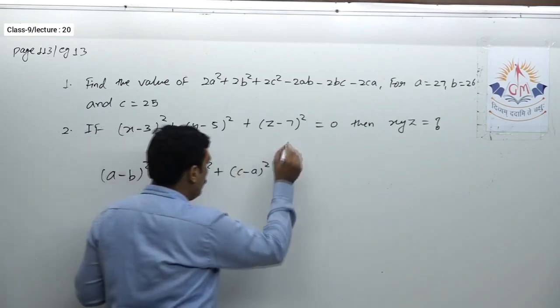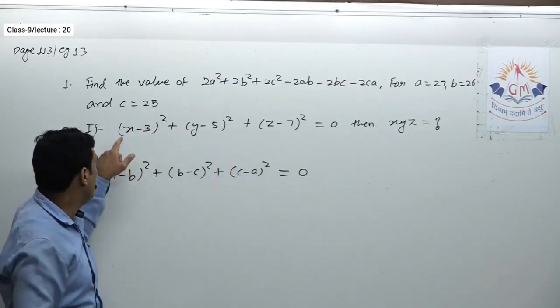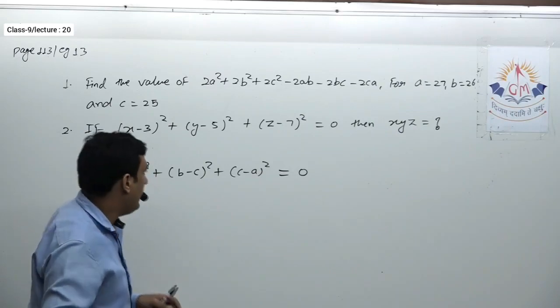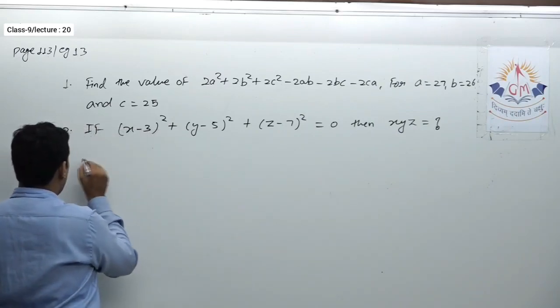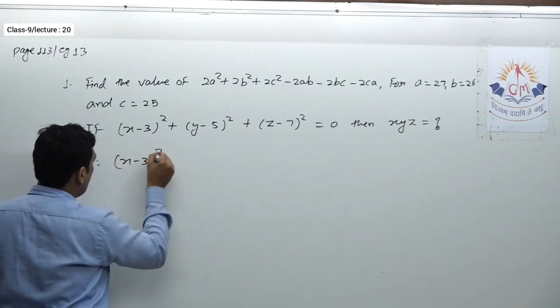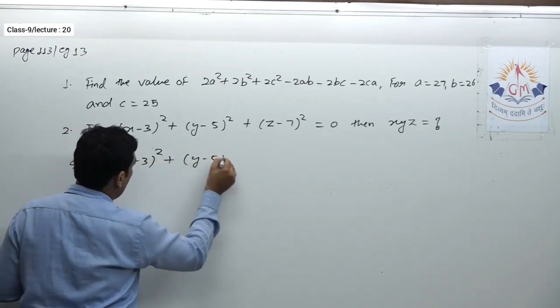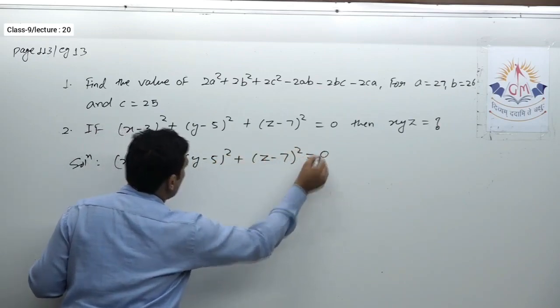Now according to here, it is when they are equal to 0, isn't it? (x minus 3) whole square plus (y minus 5) whole square plus (z minus 7) whole square. This is equal to 0.